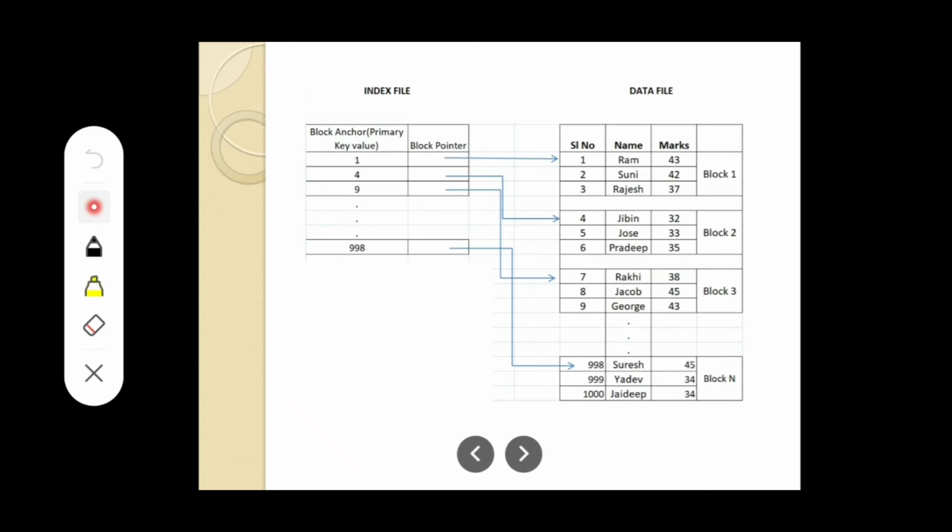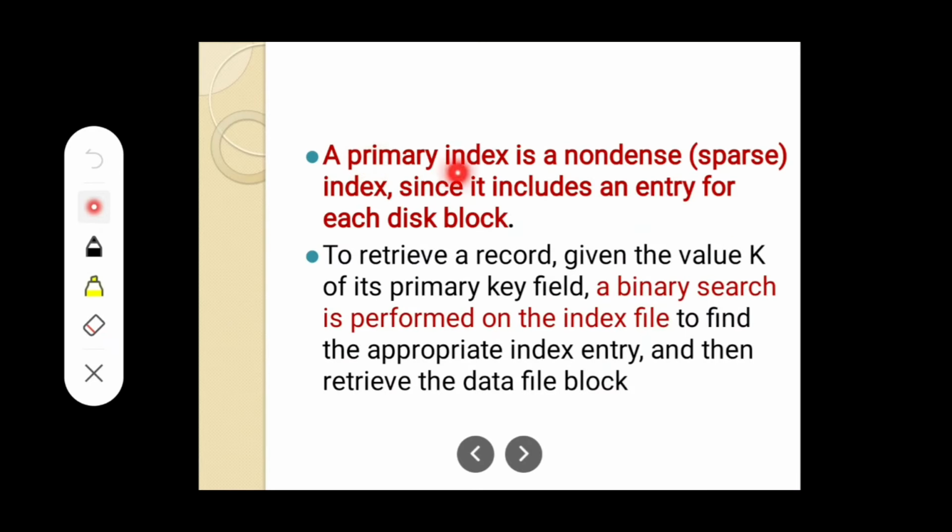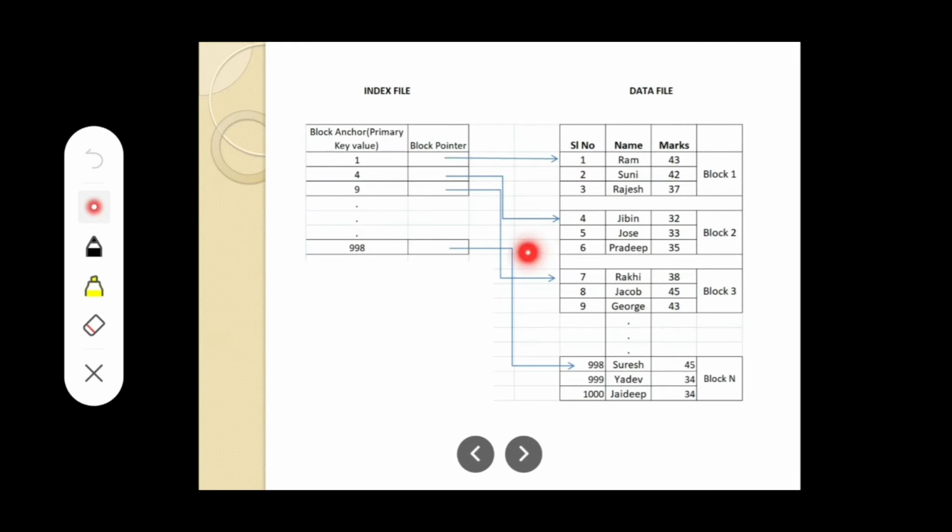Such index files are called sparse index or non-dense index. Clear? So primary indexing is actually a non-dense or sparse index. അതാണ് ഈ സ്റ്റേറ്റ്മെൻറ്റിൽ പറയുന്നത്. Primary index is non-dense because it includes only the entry for each disk block. ഓരോ ഡിസ്ക് ബ്ലോക്കിൻ്റെ എൻട്രി മാത്രമേ ഉള്ളൂ.